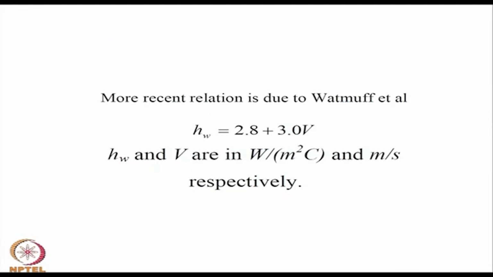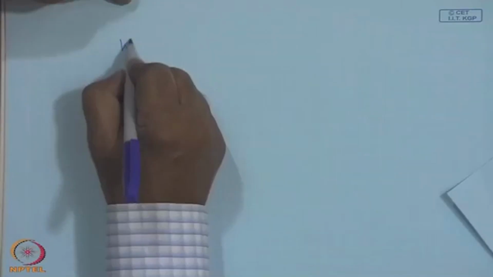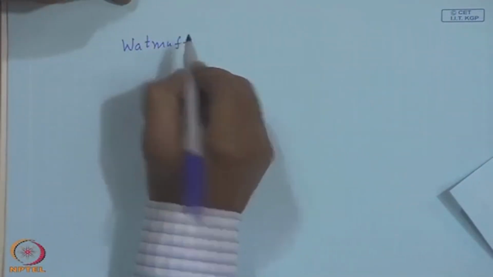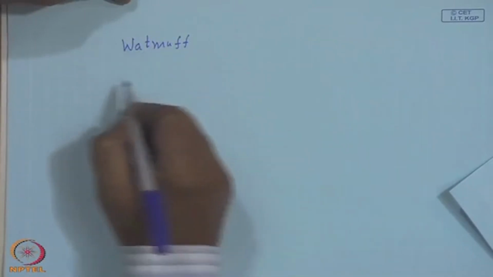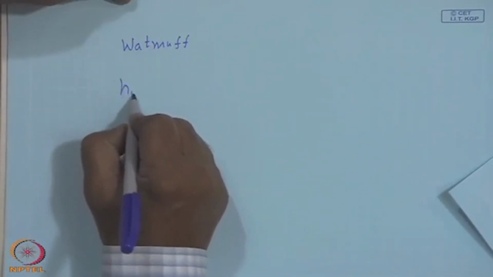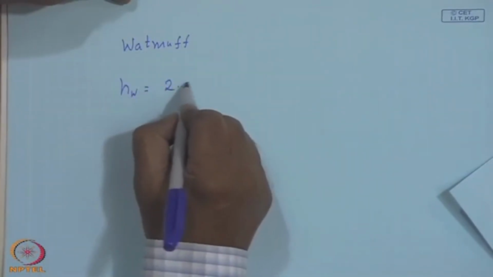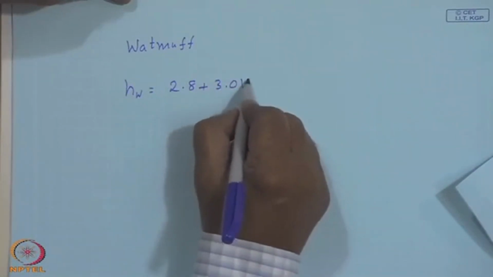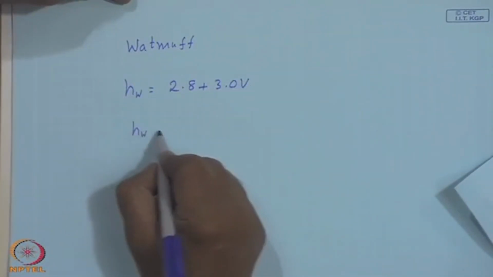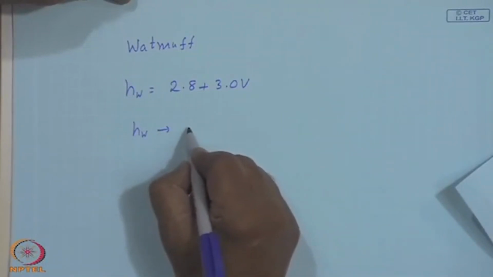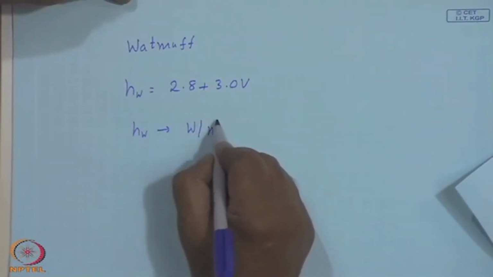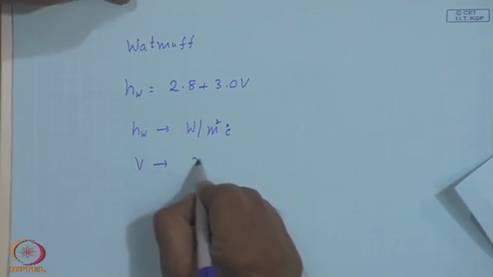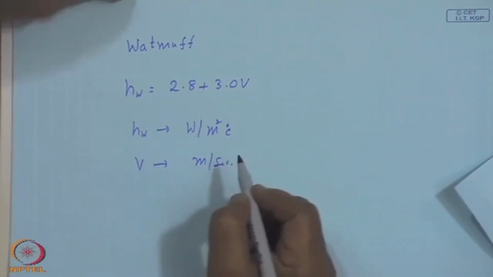Subsequently, more recently rather relatively, Wortmann et al. suggested this H w be calculated as 2.8 plus 3.0 V. Again H w is watts per meter square degree C and V is in meters per second.